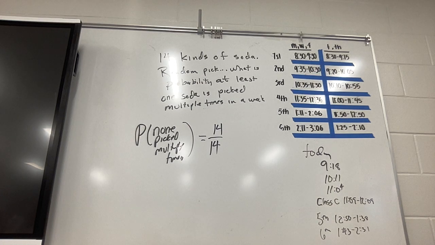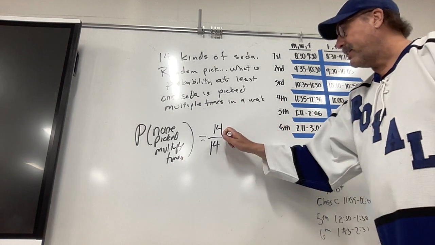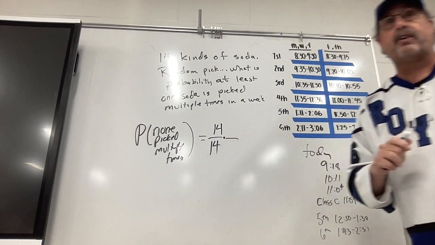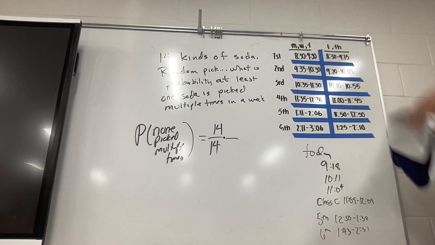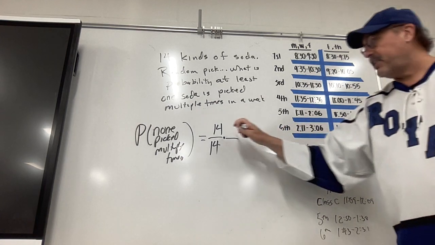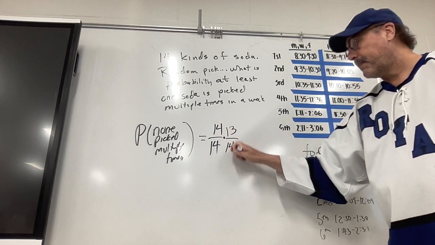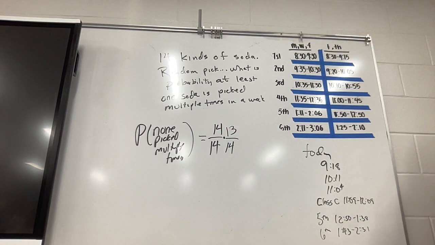So they're not going to repeat. All right, the second day, you close your eyes and reach in, and it's all equal numbers of sodas. How many of those sodas could be picked that would not repeat? 13 of them. All right. And by the way, to be really specific, we keep refilling the refrigerator with equal numbers each day.